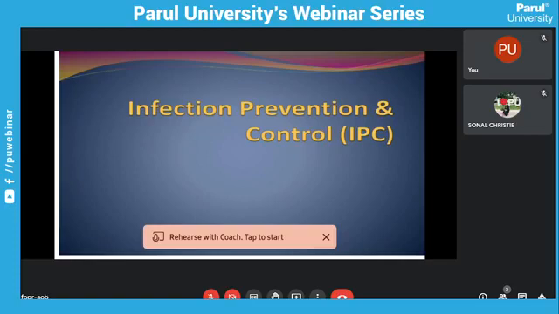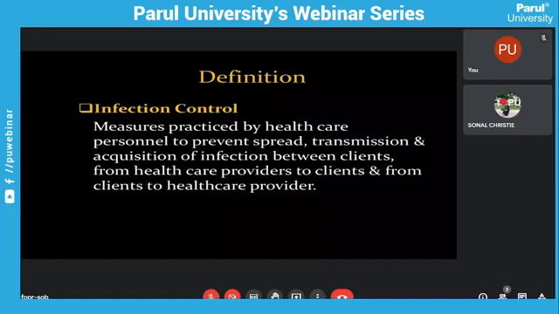Okay, then first is infection control. Measures practiced by healthcare personnel to prevent spread, transmission, and acquisition of infection between clients, from healthcare provider to clients, and from client to healthcare provider. It means measures or actions or activities that are practiced by all healthcare personnel to prevent spread, transmission and acquisition.